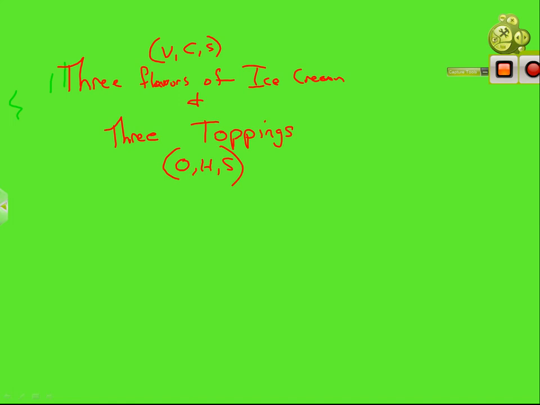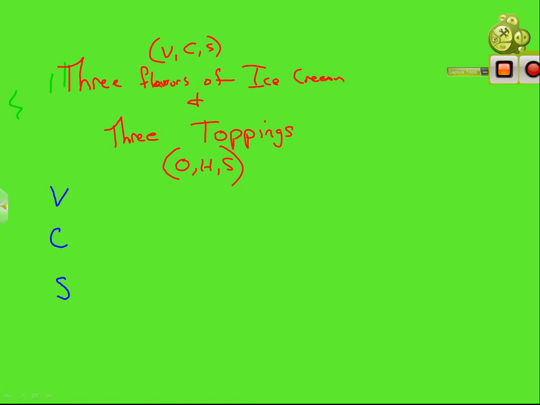Now, some of you might not like Skittles on your ice cream, some of you do. Our 3 flavors again are what? Vanilla, chocolate, and strawberry.